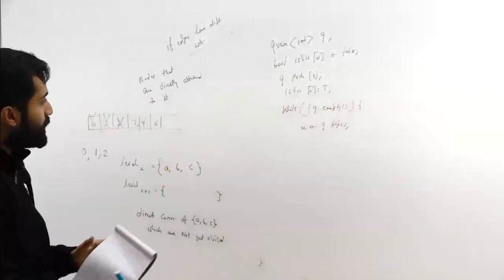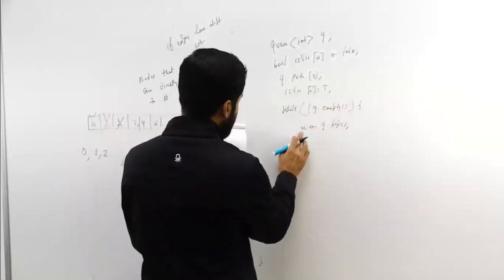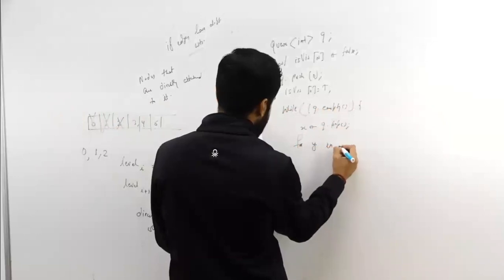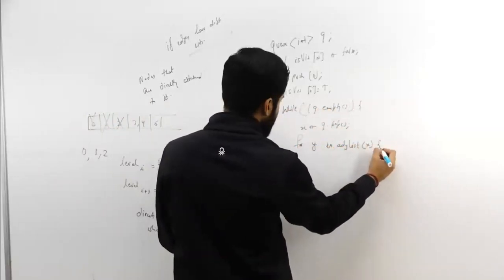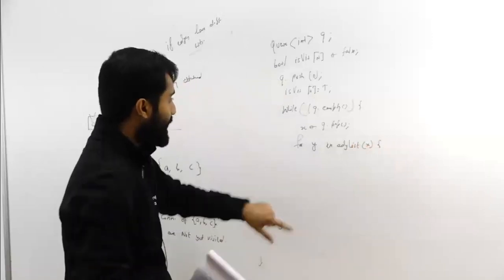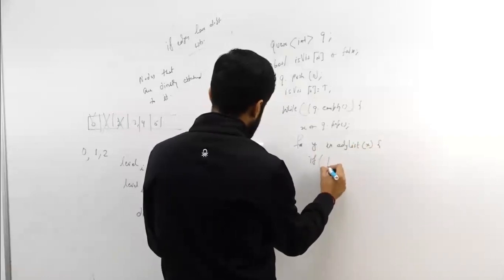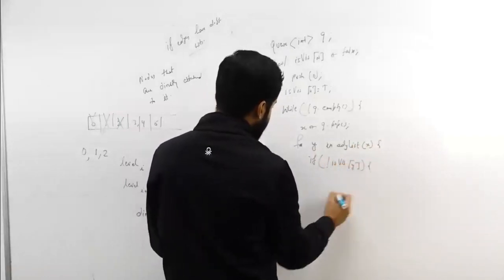Then the next job that you need to do is iterate on the adjacency list of this 2, which is X. So for every Y in the adjacency list of X, you'll first check whether this Y is visited or not. So if not is visited of Y, then there are 2 things that we have to do.